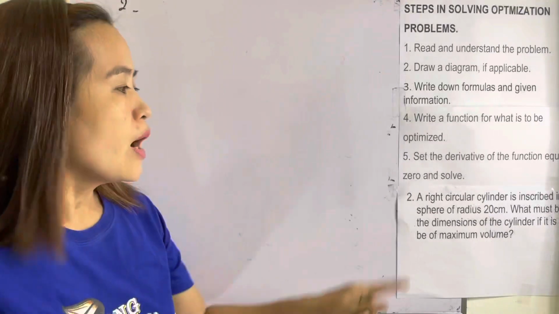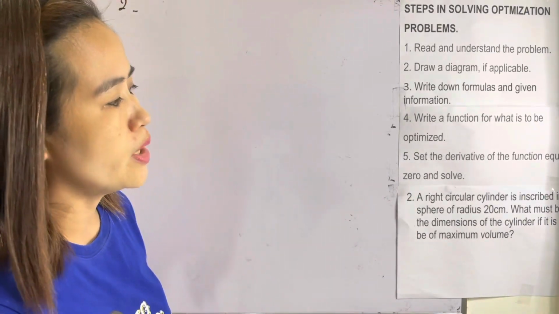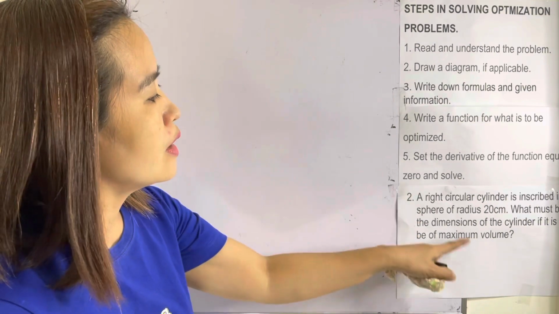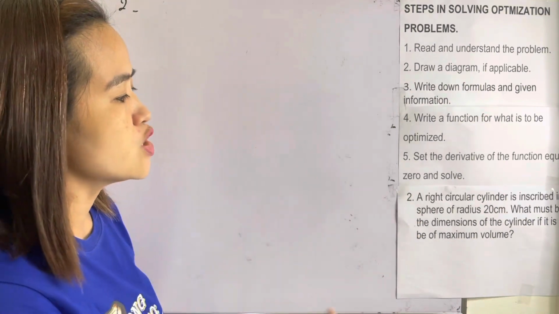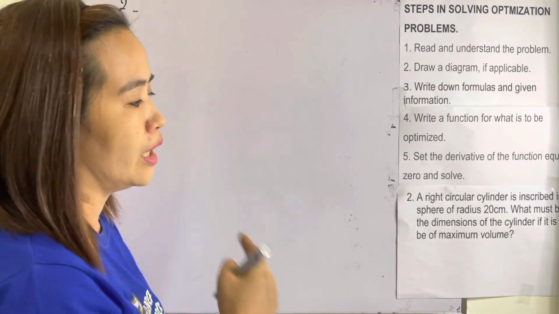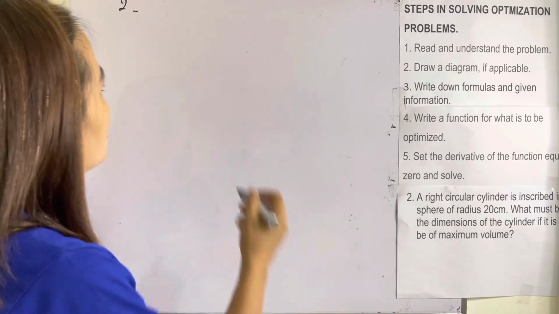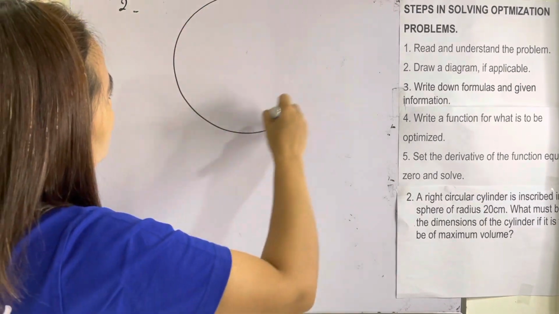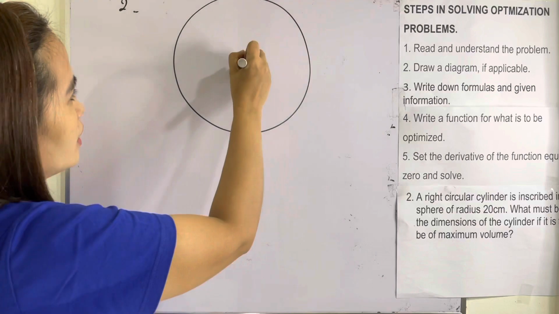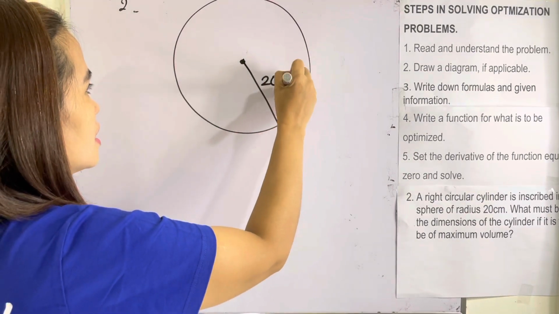Number 2. A right circular cylinder is inscribed in a sphere of radius 20 cm. What must be the dimensions of the cylinder if it is to be of maximum volume? So we are asked here to find the h, the height of the cylinder, and the radius of the cylinder. Let us illustrate it first. Suppose this one is the sphere and its radius is 20 cm.